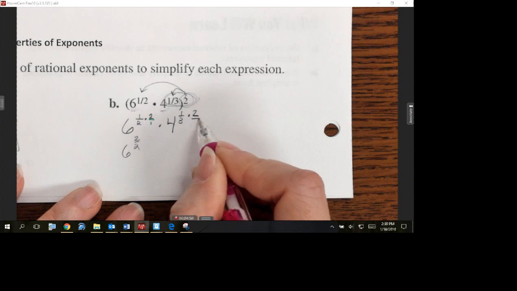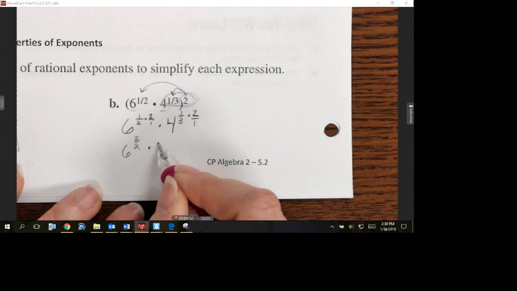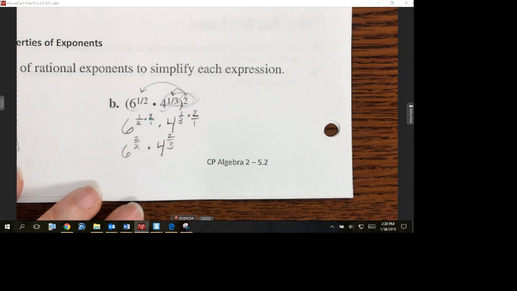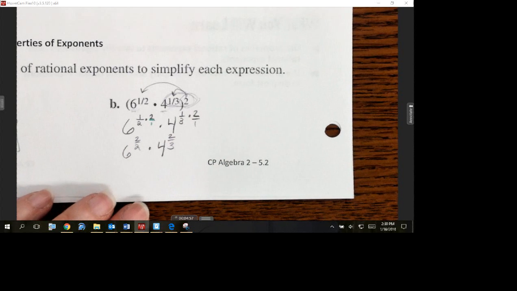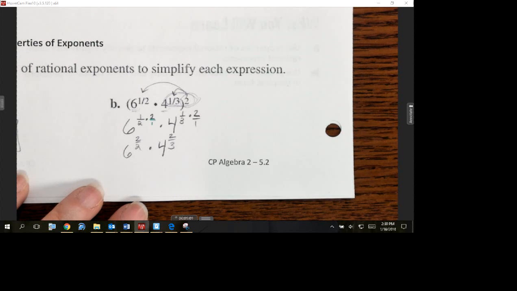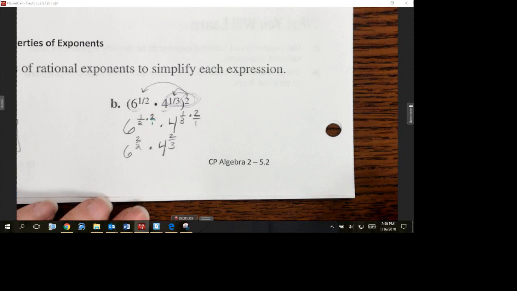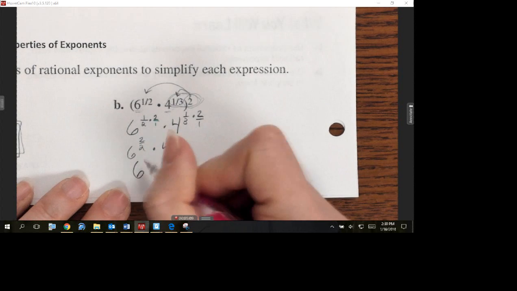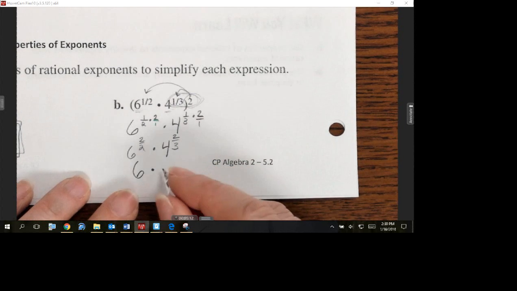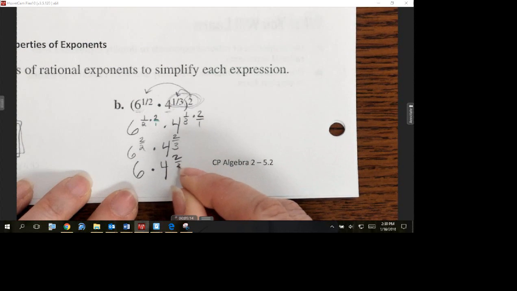Over here, same thing, put 2 over 1, go straight across, 4 to the 2/3. We can simplify that a little bit further, because what's 2/2 equal? Come on, what's 2/2 equal? Help me out. 1, thank you. So we have 6 to the first, I don't even need to write the first. So 6 times 4 to the 2/3.